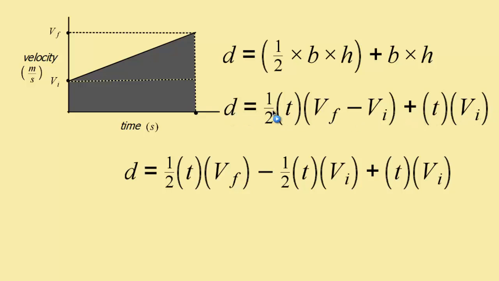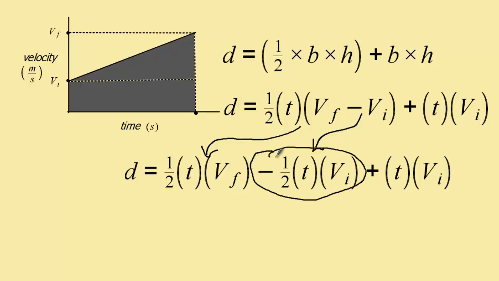So if we look at displacement being 1/2 t times final velocity, well, that's where this comes from. 1/2 t times the final velocity. And then it's 1/2 t times negative initial velocity. So when we multiply those two, that's where this part comes from, right there. All right, and then we've got the time times the initial velocity.